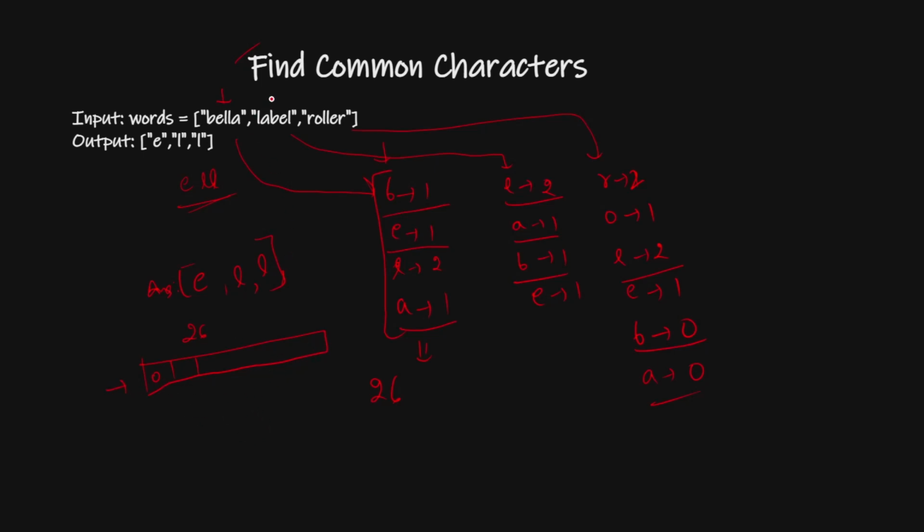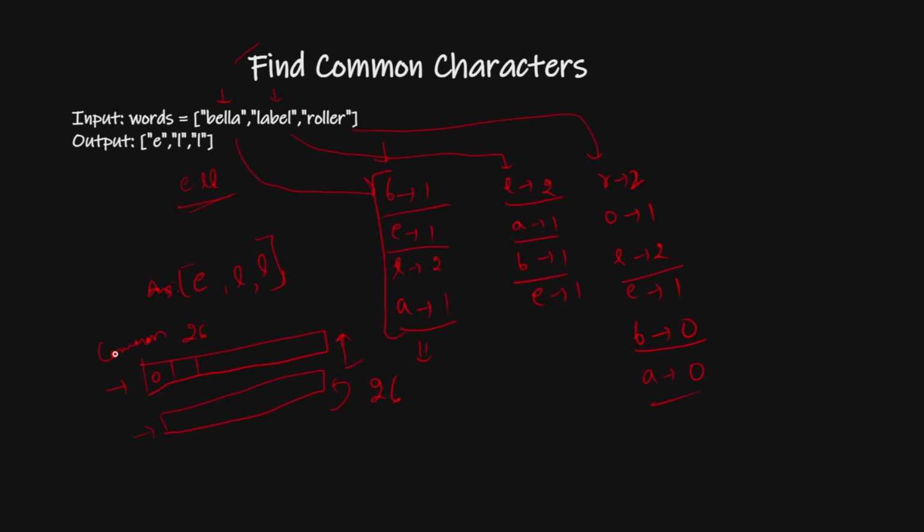And now we will add this into our new vector and compare which one is minimum, and the minimum one will be stored in this vector, let's say I name it the common vector. After that I will add all the characters of the next string into my vector, and I will do it for all the remaining strings.